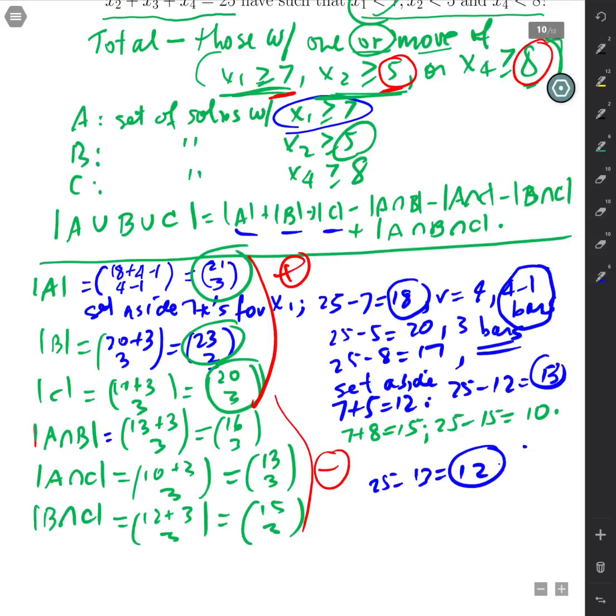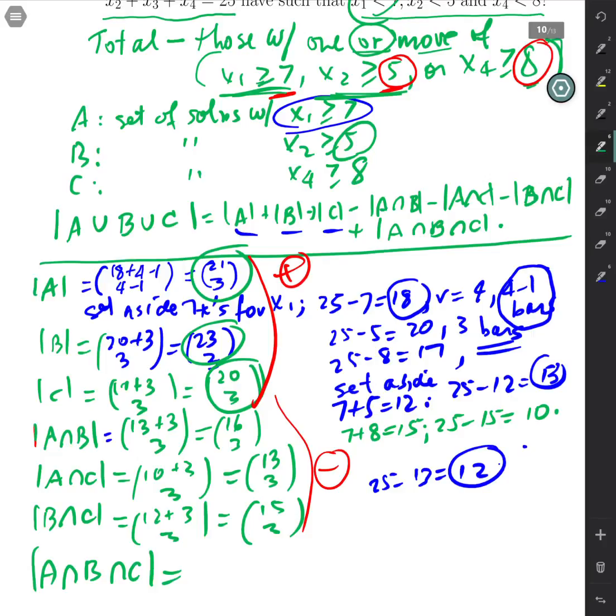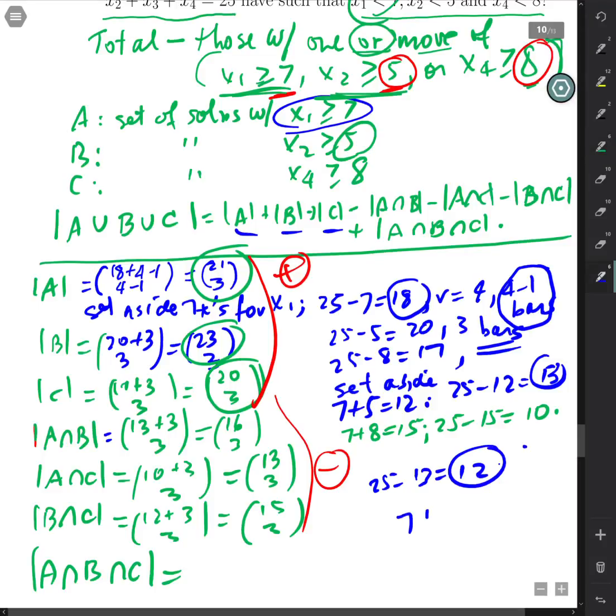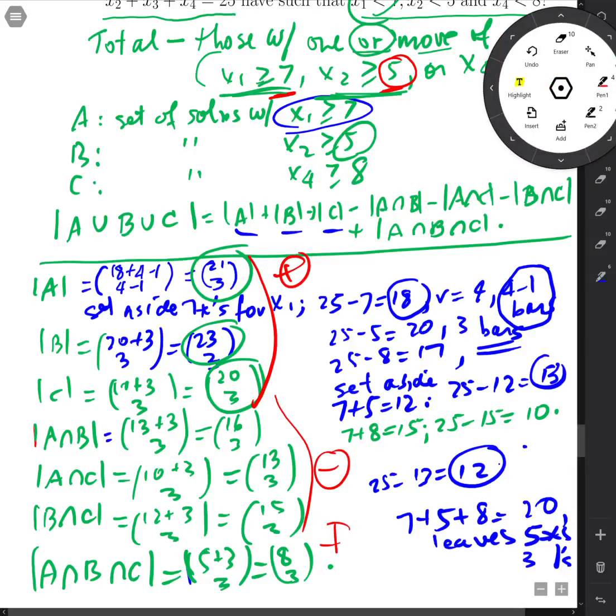But of course the ones in all 3 sets we've taken out 3 times and added in 3 times, and so now we've got to take A, B, C and look at how many solutions satisfy all 3 of these conditions. That would be setting aside 7 plus 5 plus 8, or 20 set aside, so that leaves 5 stars and 3 bars. So that'd be 5 plus 3, choose 3, or 8, choose 3. And those, recall, get added back in.